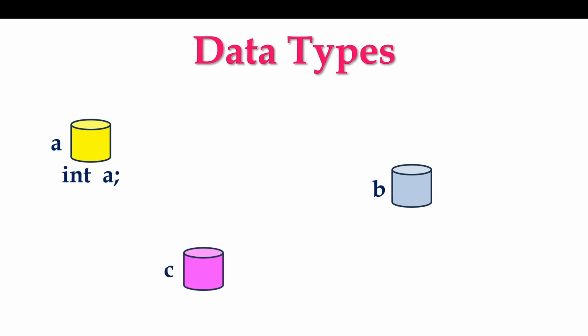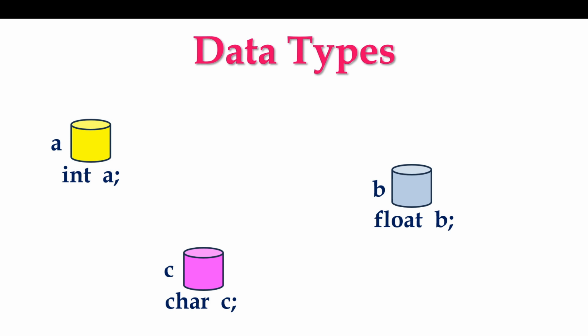First one, you can see there are three containers. First one is named as A and which is of type int. And the second container or variable is named as B, which is of type float. And the third container is named as C and which is of type char.